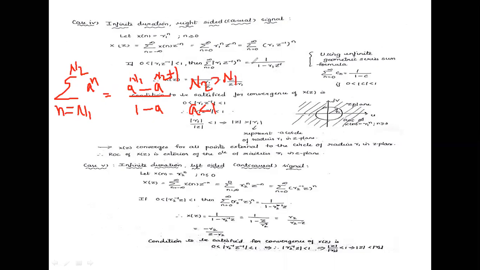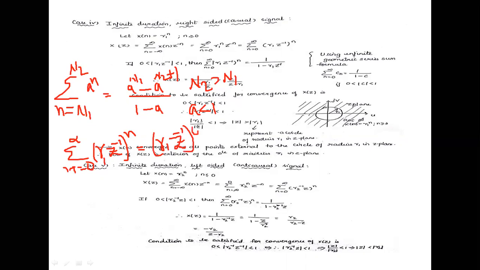What is n1 here? 0. What is n2? Infinity. And what is a here? It is r1 z power minus 1, whole power n. So you can substitute a as r1 z power minus 1.